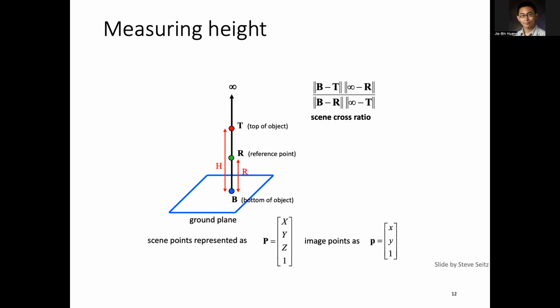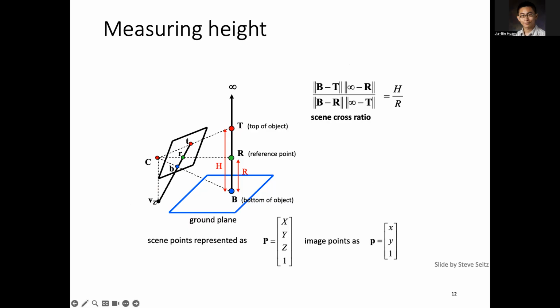If you have these 4 points, then you can use this ratio to compute the measured distance. Imagine this is the actual physical world, and I capture a camera image of this. I get T, a reference point, the bottom of the object here, and the vanishing point. So I get these 4 points.